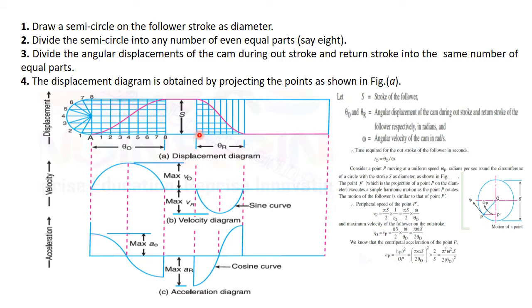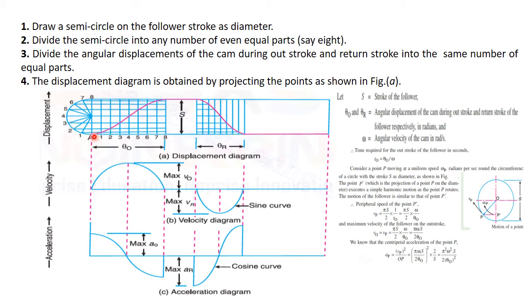After that we take the angle of the returning stroke, which is rotated by the cam, and divide it into equal parts, and its parts will be 8. We have divided it into 8 parts and drawn the vertical lines.